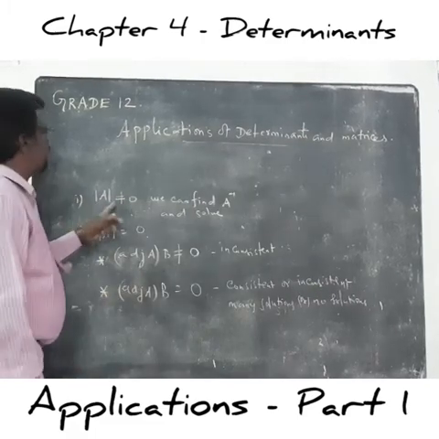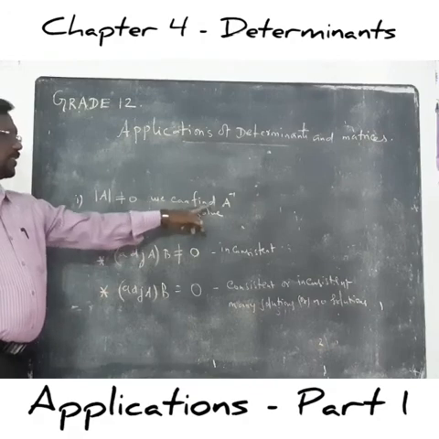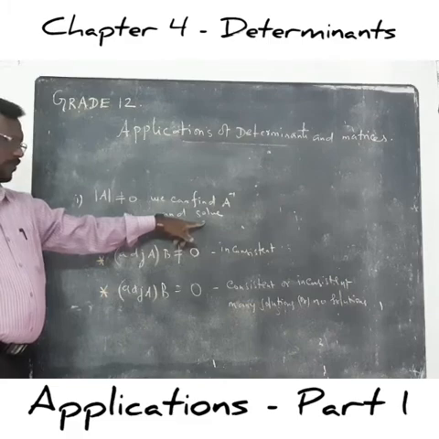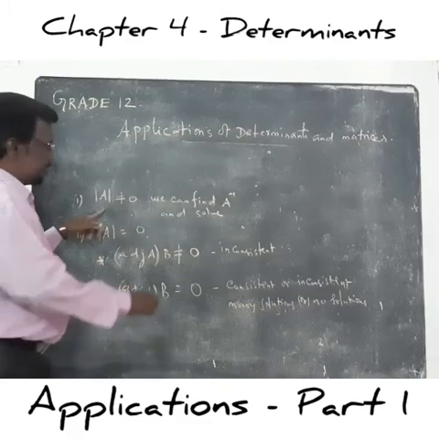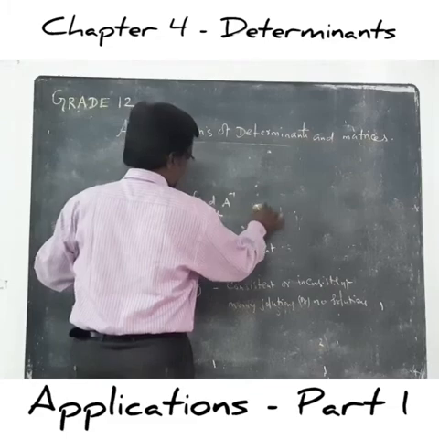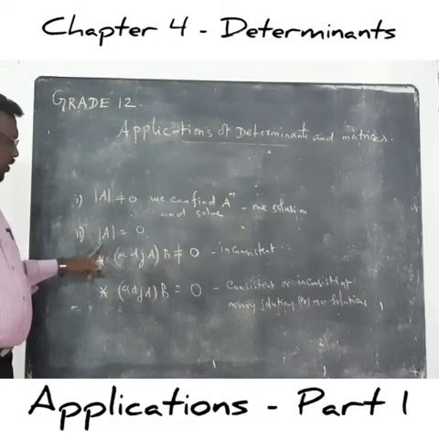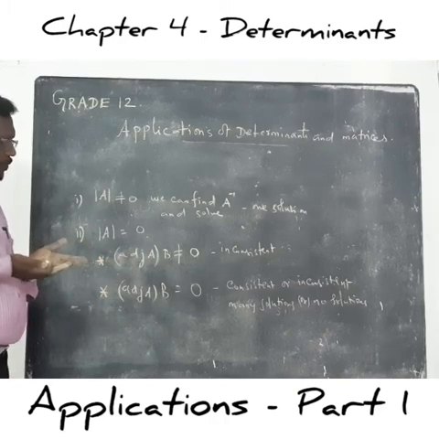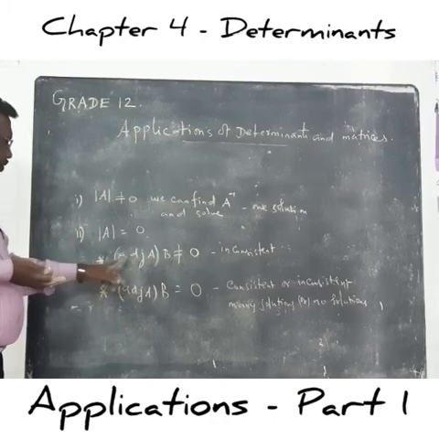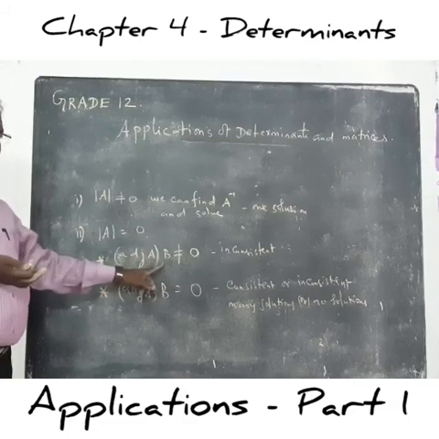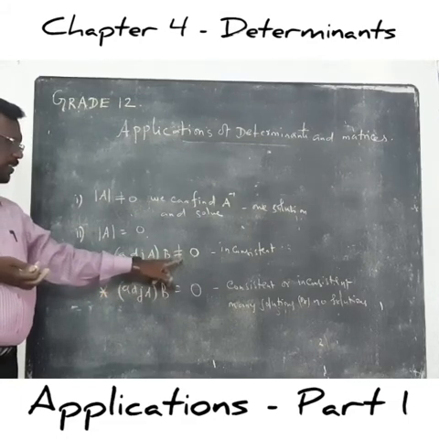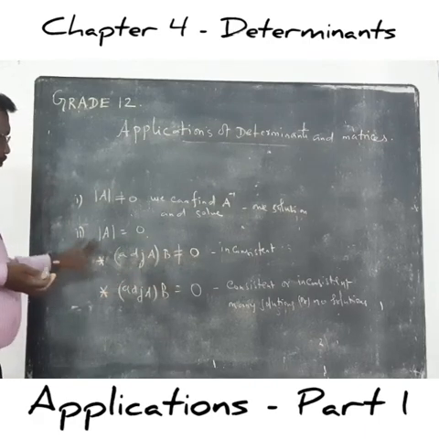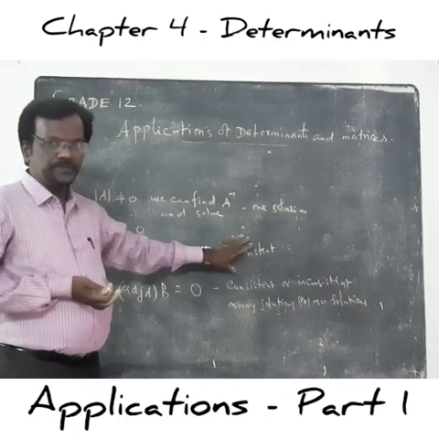So if the determinant value of A is not equal to 0, we can find A inverse and we can solve using the determinants and matrix method, right? So we can get the solution, one solution. Suppose the determinant value of A is equal to 0, we cannot come to a conclusion. At that time you have to find the multiplication of adj A and B. If it is not equal to 0, then that system of equations does not have a solution.